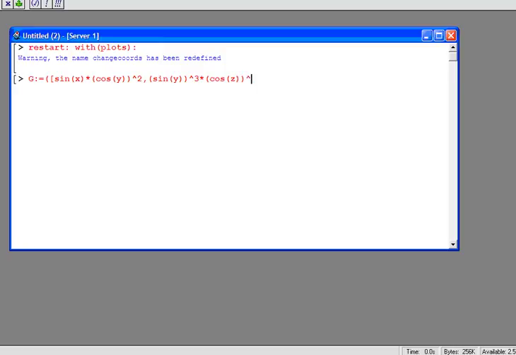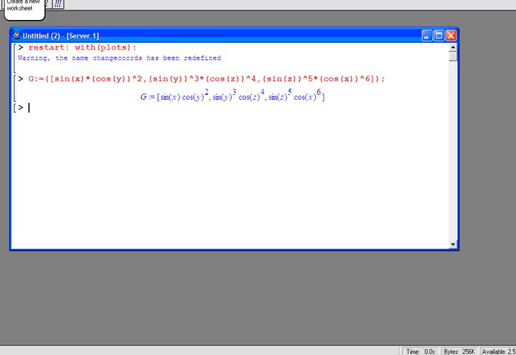The z's raised to the fourth, but actually the whole thing's raised to the fourth. Okay, there's G. And then I just go field plot.